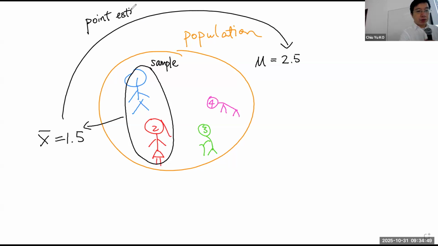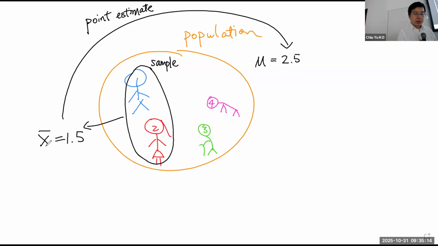Of course, it depends on what you get. If you get 1 and 2, you get 1.5. If you get the woman and the elderly, then you get the right answer, because it's 2.5. And if you get everyone, you still get the right answer. But it really depends on what you got, right?